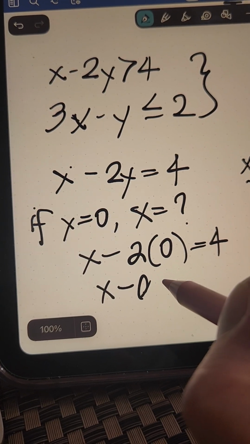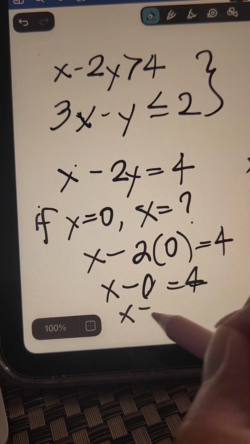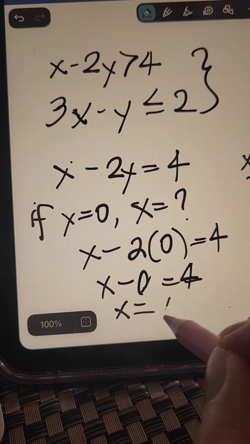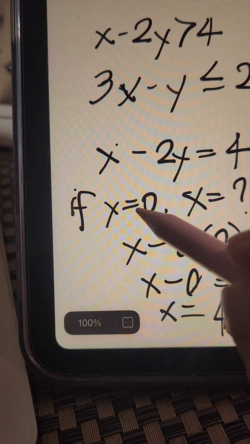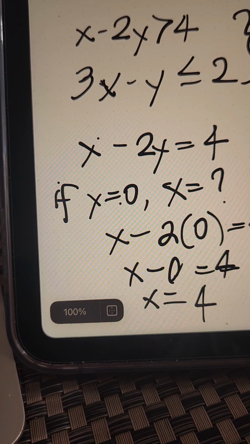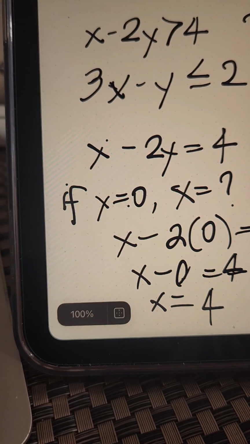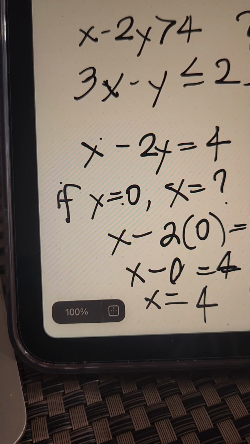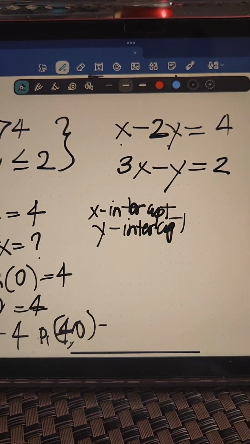So x equals 4. Okay, so now we get 4. So if y daw is 0, then x is equal to 4. So siya yung magiging isang ordered pair natin. Okay, so let's write 4 and 0. So that could be our first point. Okay, 4 and 0.